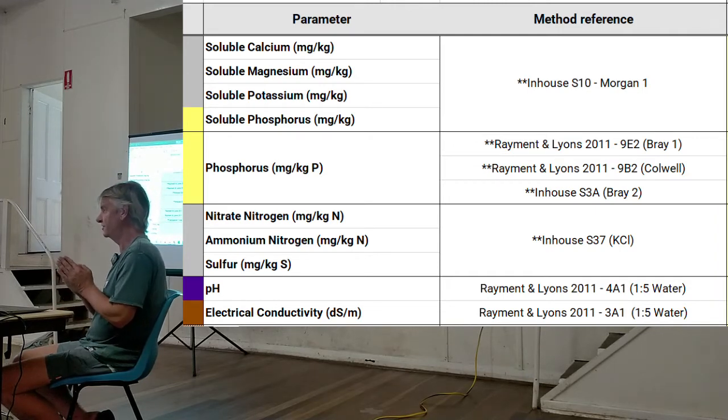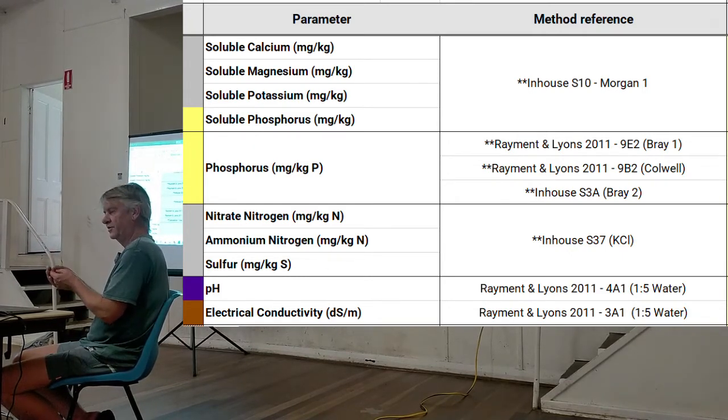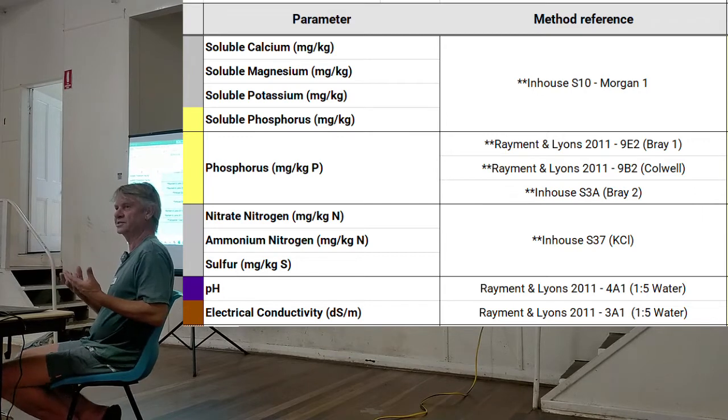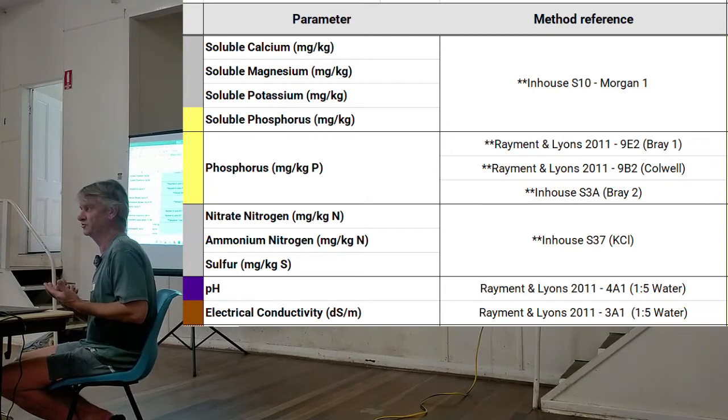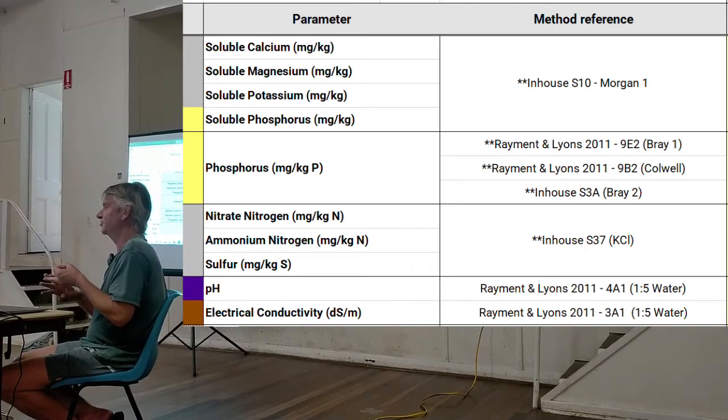The thing is with phosphorus, it's not always bioavailable when it's in the soil because it binds strongly with the clay particles. So to get that phosphorus into the plant, you need a whole heap of other processes going on, and a lot of those are biologically driven, and we'll talk about that later on. The Bray 1, Bray 2, the Colwell P, all these different phosphorus tests are exchangeable phosphorus examples.